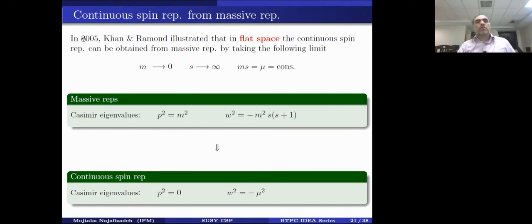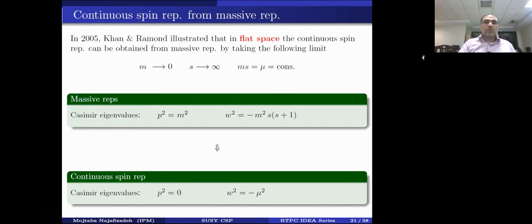You know, until this time, until 2005, there were no equation of motion for continuous spin particle. And the Wigner equations were just wave equations for this particle. But we had no equations of motion or action principle.